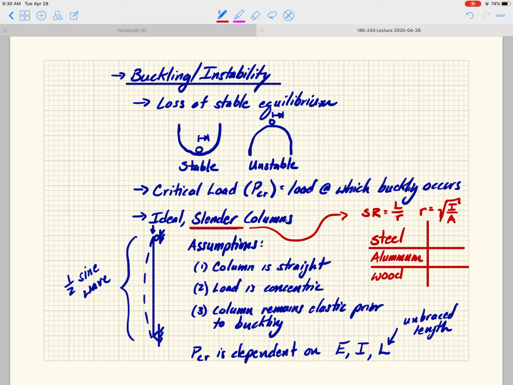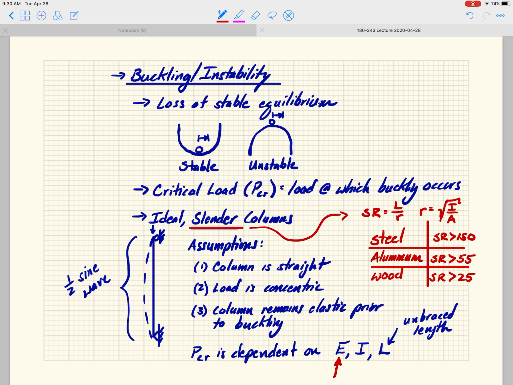So the slenderness ratios for steel would be greater than 150. For aluminum, they would be greater than about 55, and for timber or wood they would be greater than about 25, right? Now why is that?